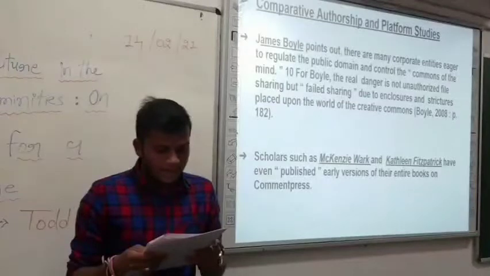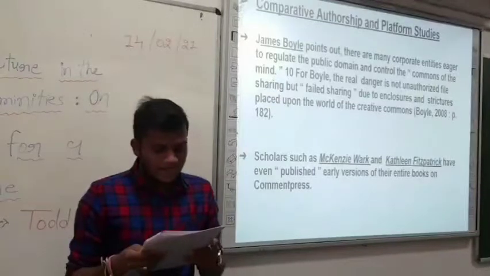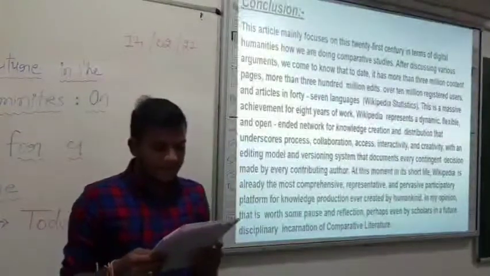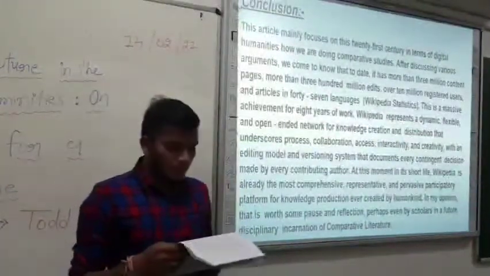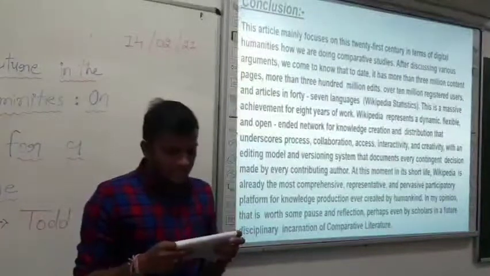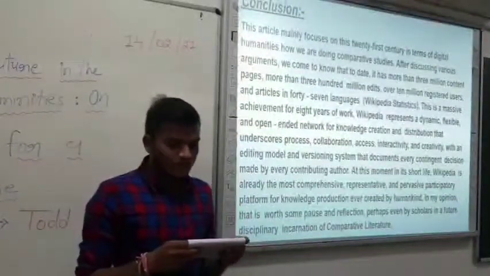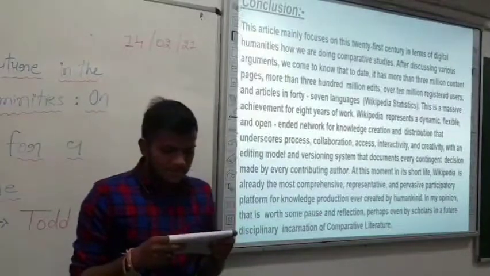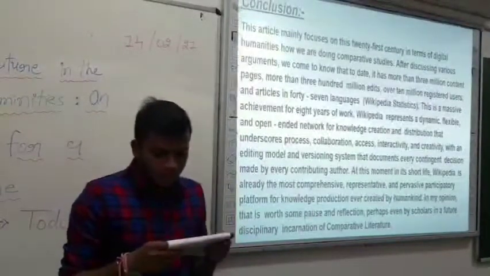So in conclusion, we can see that Wikipedia has more than 3 million content pages, more than 300 million edits, over 10 million registered users, and articles in 47 languages. This is a massive achievement for 8 years of work.